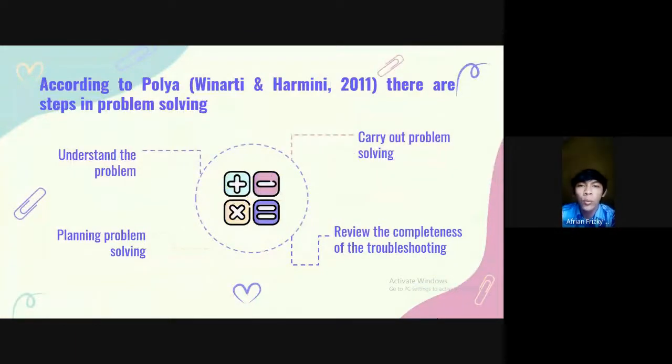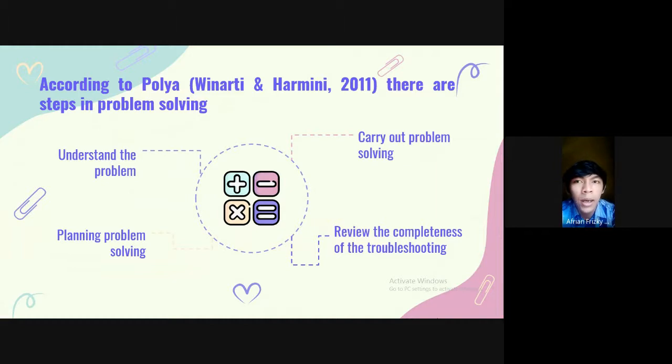Then, according to Polya, there are steps in problem solving. The first step is understand the problem. A clear understanding of a problem is important to decide the appropriate solution and how to answer the problem.